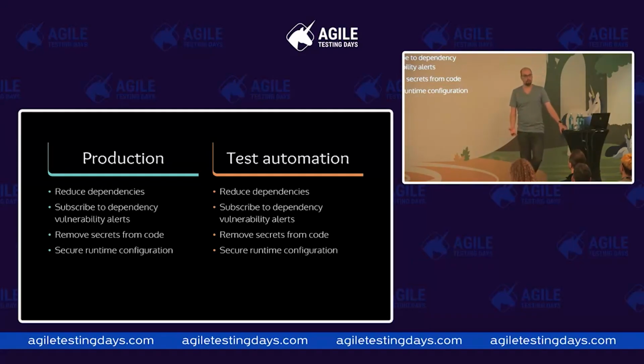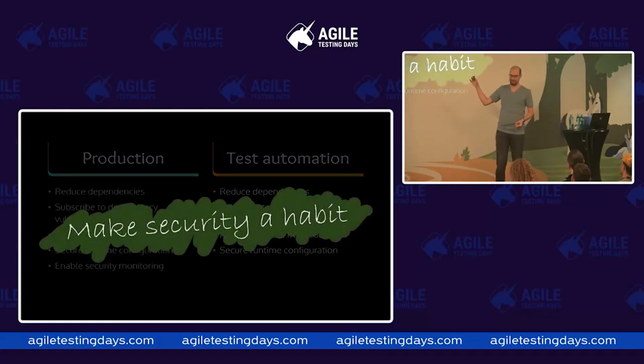So the things we can do for test automation are also the things we want to do for our production application. So if you're doing it anyway, just do it twice, right? And this all comes down to that mantra to make security a habit.